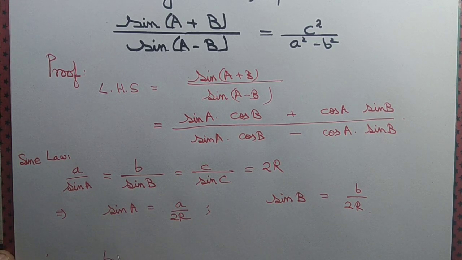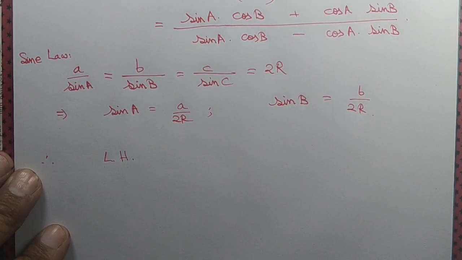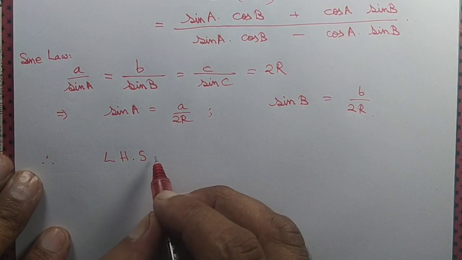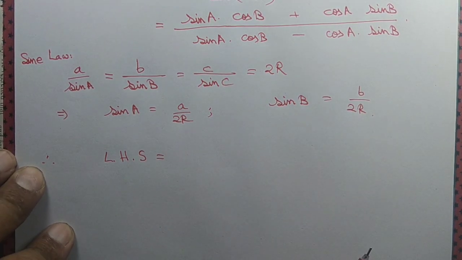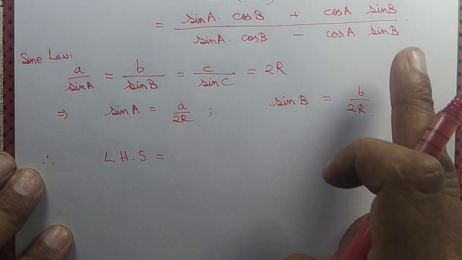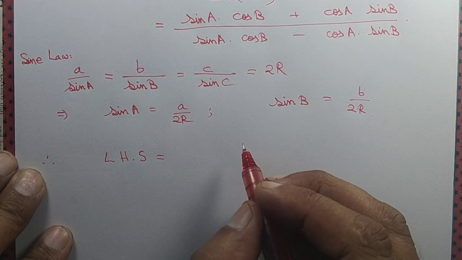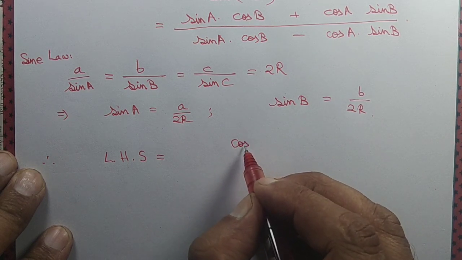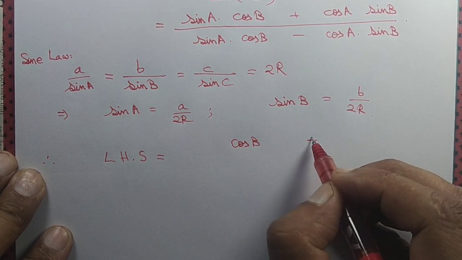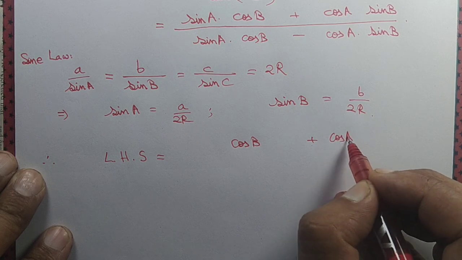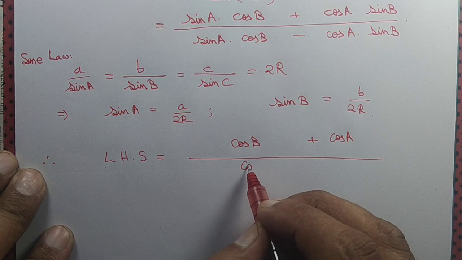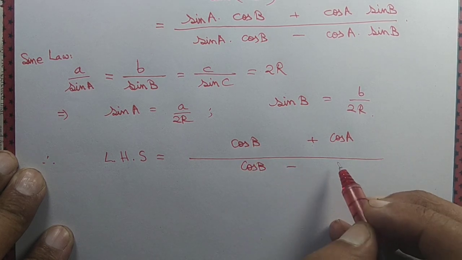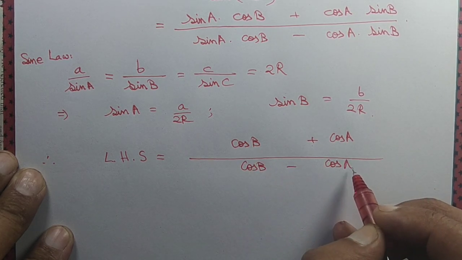Therefore LHS equals, in place of sin A, I can write a by 2r. Instead of sin B, I can write b by 2r. So let me copy cos B as it is and cos A as it is. Similarly, in the denominator, let me copy cos B as it is and cos A as it is.